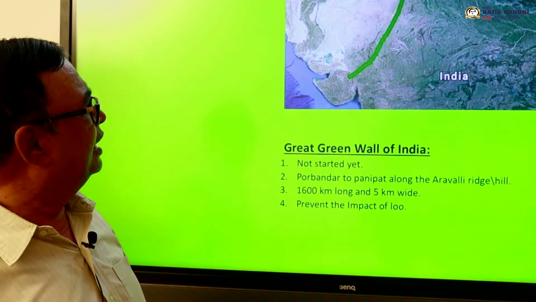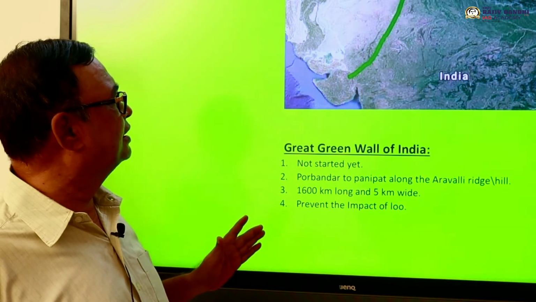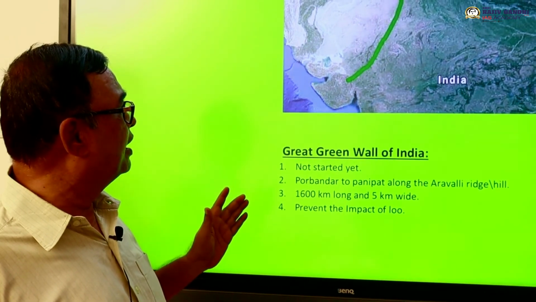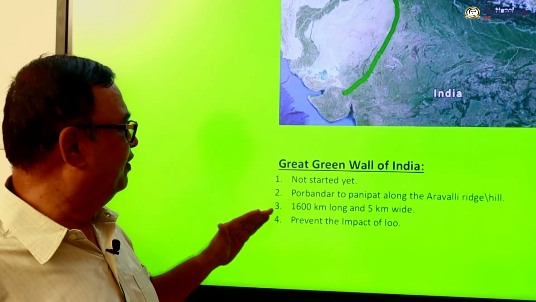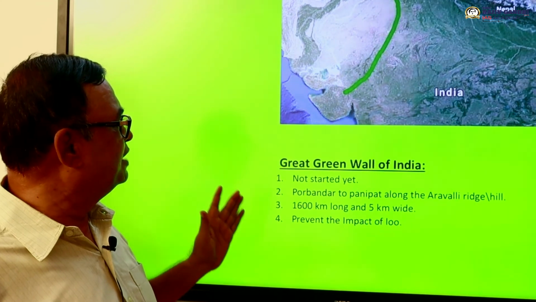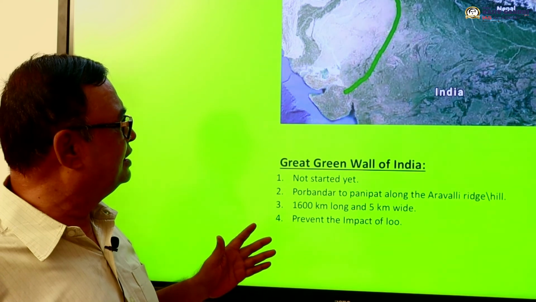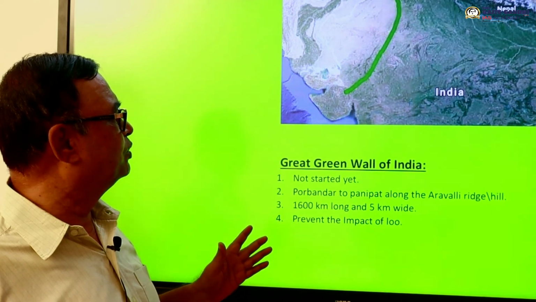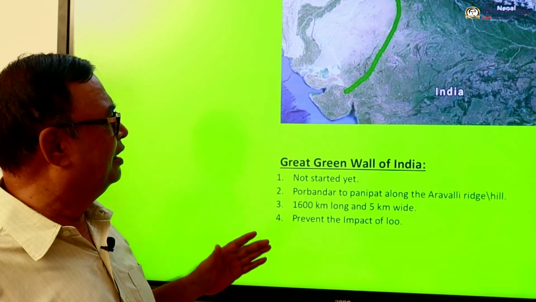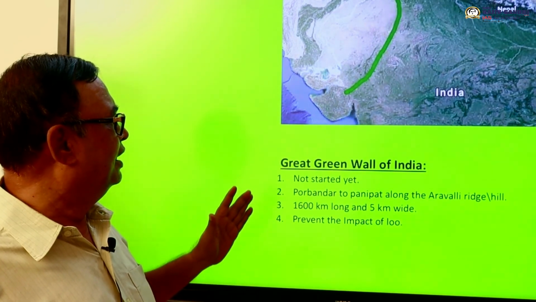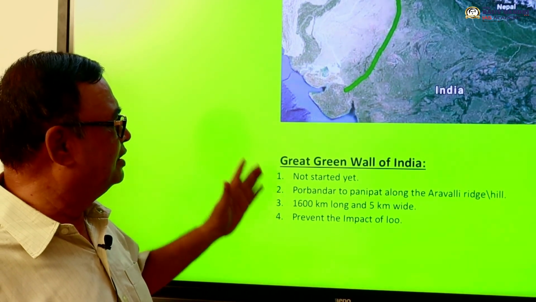So that the entire stretch along the Aravallis will become green and the movement of fine sand from the Thar desert to Delhi will be prevented. If this is prevented, the climate of Delhi will become less warm. It will not be so hot. Again, the visibility problem in Delhi will become normal. Therefore, this is an ambitious project and the Government of India is going to launch it at the earliest.